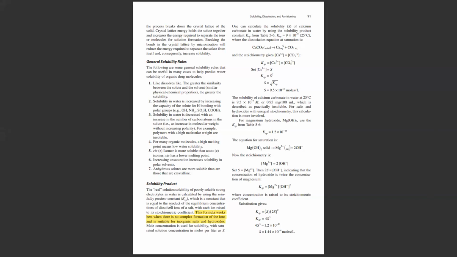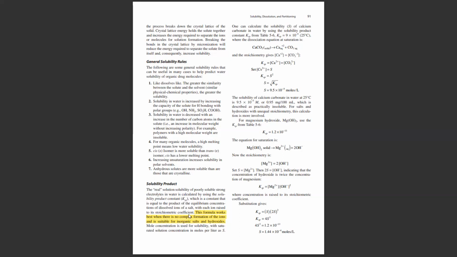This is how we determine it using the Ksp. So they're saying this solubility product is a constant which is equal to the product of the equilibrium concentrations of dissolved ions of a salt, with each ion raised to its stoichiometric coefficient.